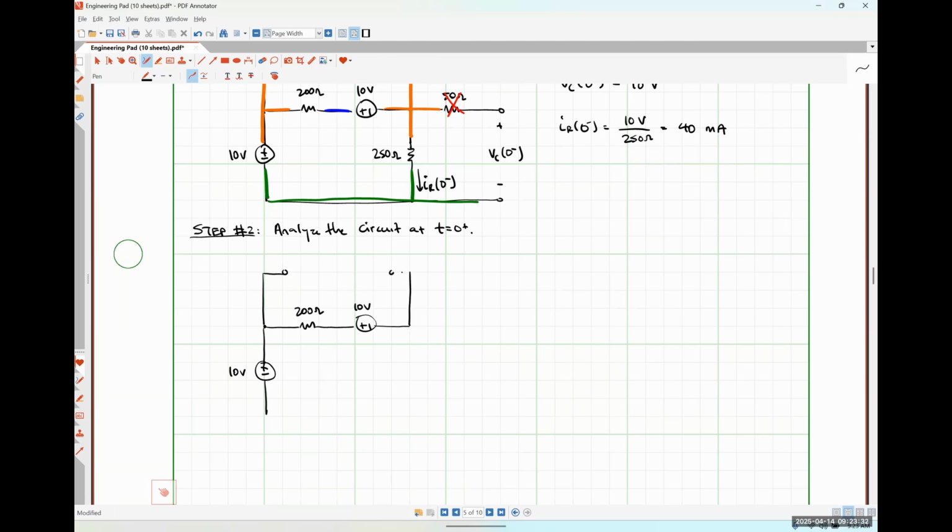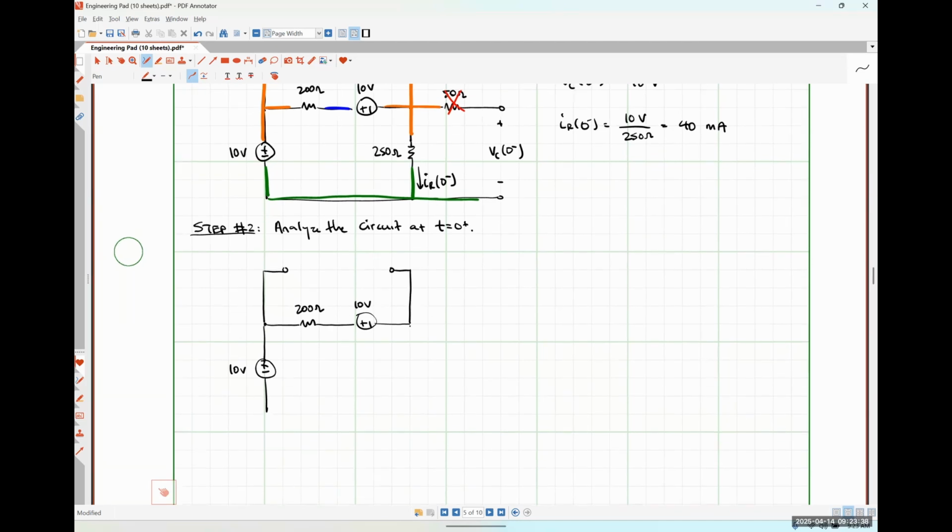But since the switch is now open, I'm just going to replace that short with an open circuit. 250 ohm resistor through which we have a current of IR at 0 plus flowing. 50 ohm resistor here. And now we need to talk about what to do with our capacitor.